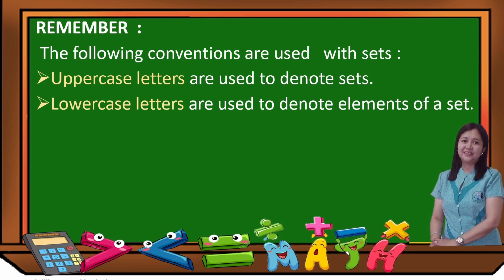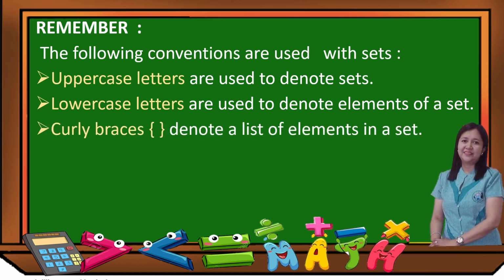Okay, it is used to denote elements of a set. Lowercase means small letters. Now, you will see the use of curly braces. This is by listing the elements inside the set.